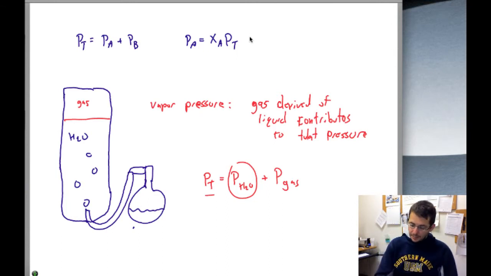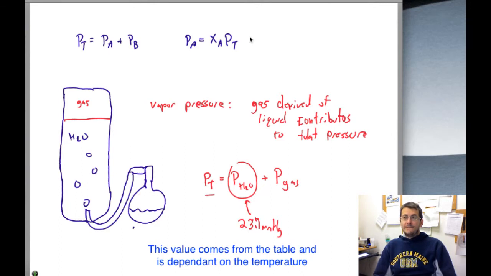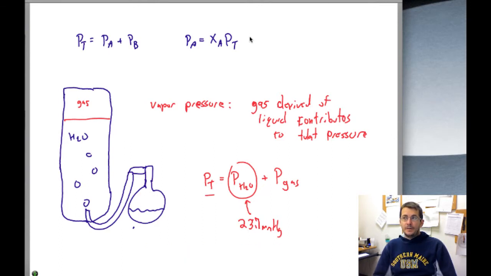But you can use these tabulated values. So if you know what temperature you're at, at 25 degrees C, 23.7 millimeters of mercury would be the contribution of water vapor to the total pressure.